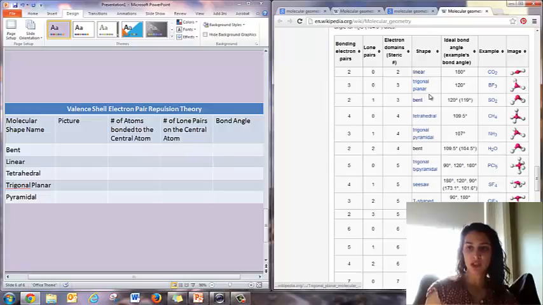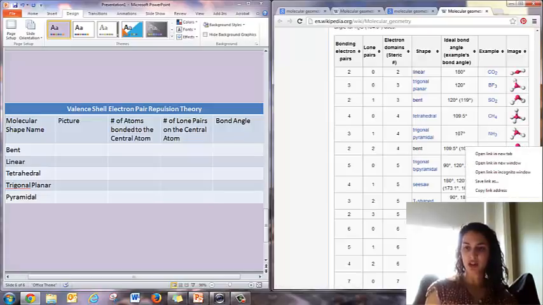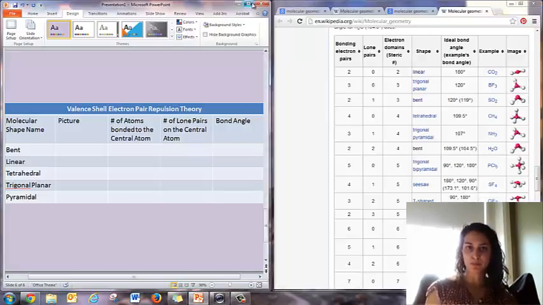Now, as you notice, there are 2 bents right here. And I want to do the one with lone pairs. Okay, I want to do the 109.5 degree one. So I'm going to right click on this picture and copy the image.